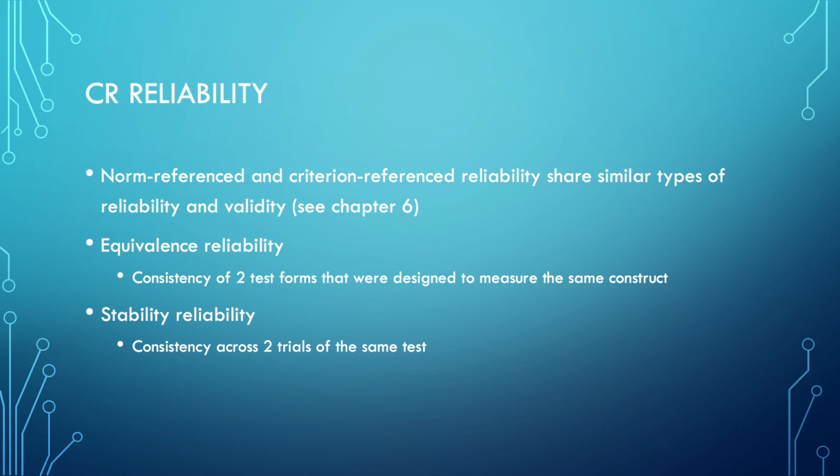One of the things we had talked about is equivalency reliability and stability reliability. Equivalency reliability consists of two test forms that were designed to measure the same construct. Stability reliability is consistency across two trials of the same test, usually taken at different time points.